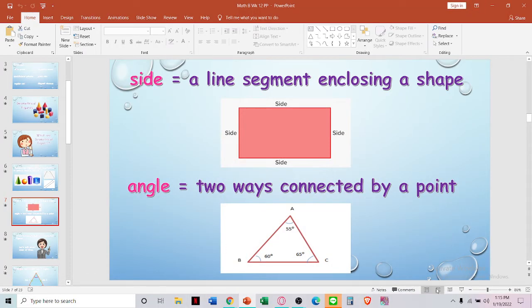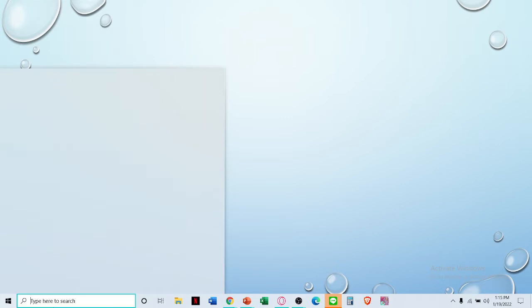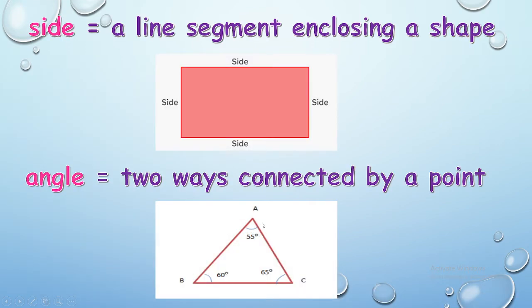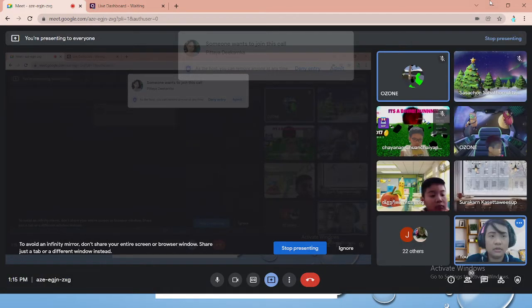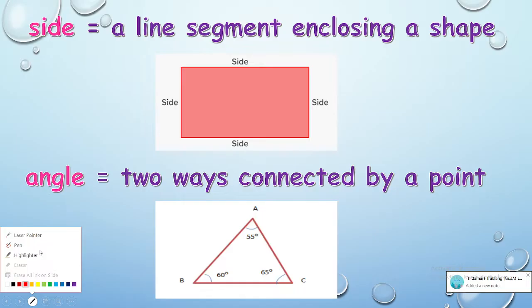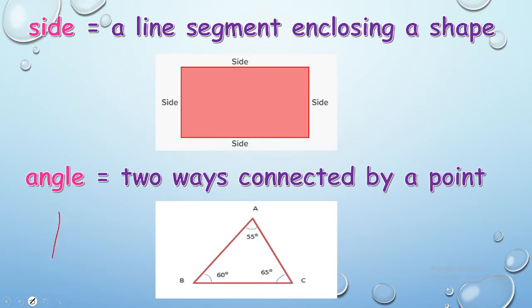Sometimes you see them straight, almost straight like this, and you see it square.